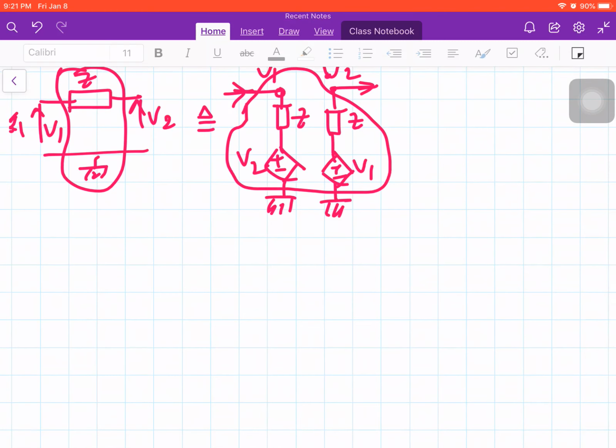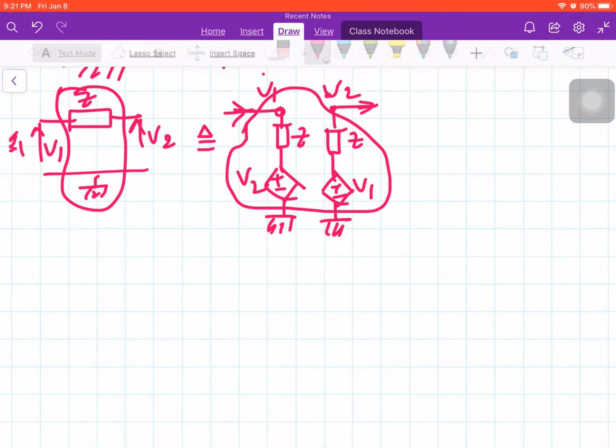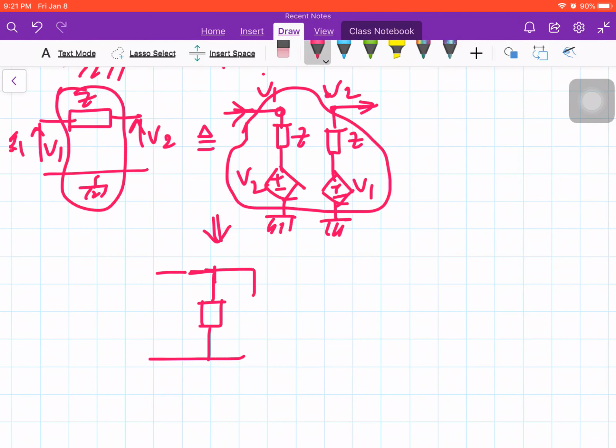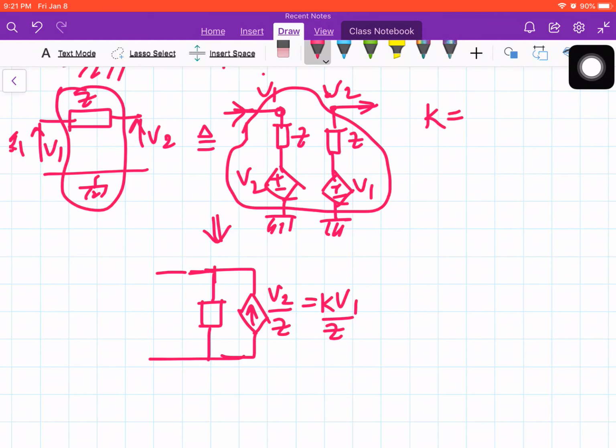So here we'll try to apply the source transformation technique. So from this we can apply the source transformation technique. So the impedance will come in shunt, and the voltage source becomes the current source, which is equal to V2 by Z, isn't it? That is equal to K into V1 by Z, since we have earlier defined the relation as V2 by V1, right?